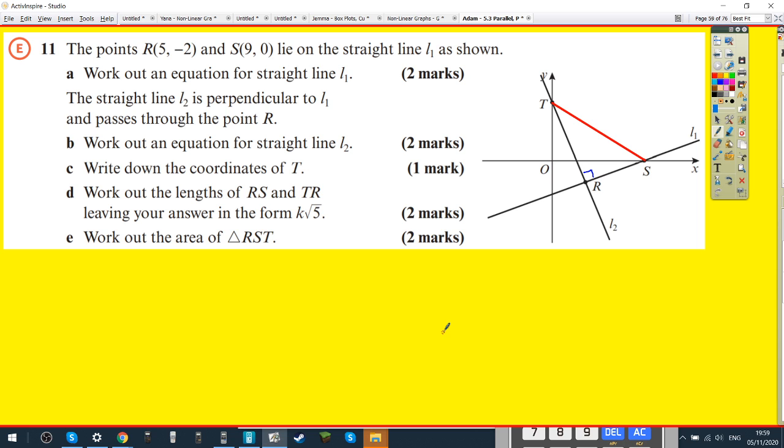So it wants the area. So we use Pythagoras' theorem first to work out the lengths of RS and TR. Pythagoras for RS: 4 squared is 16, so that would be root 20, I think.